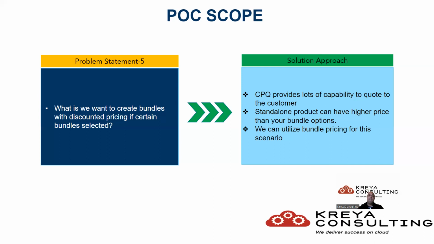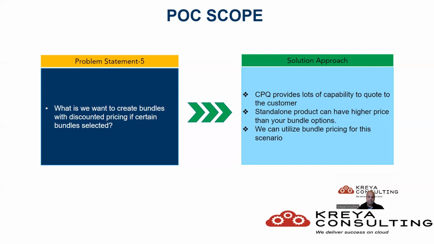If I sell the same standalone product within that bundle itself, it may be a lesser price than selling it as a standalone product. So in that scenario, we can utilize bundle pricing.